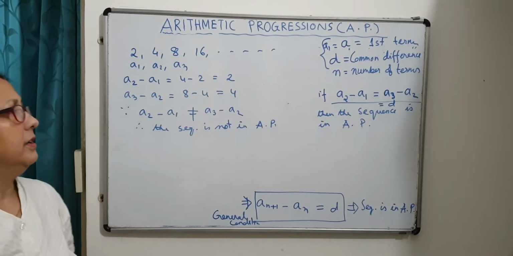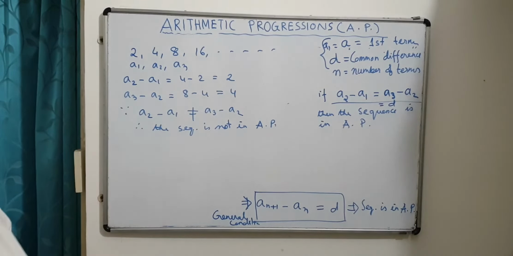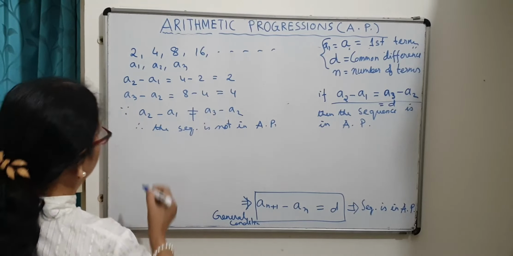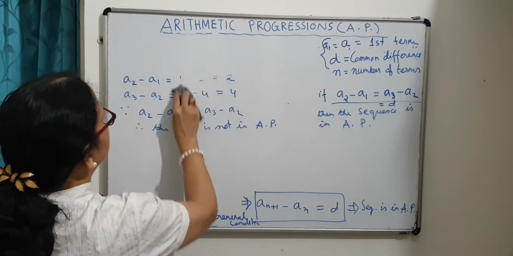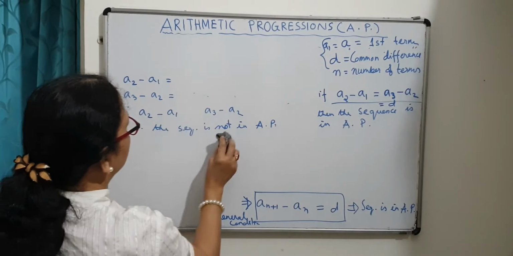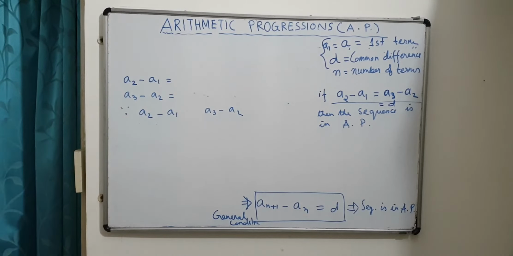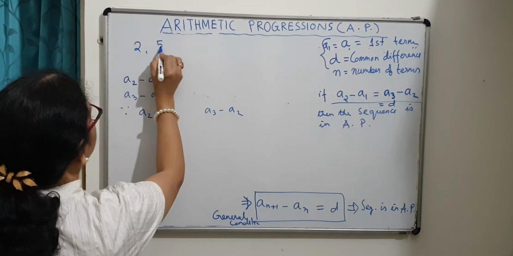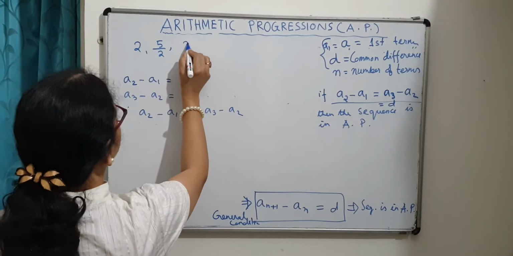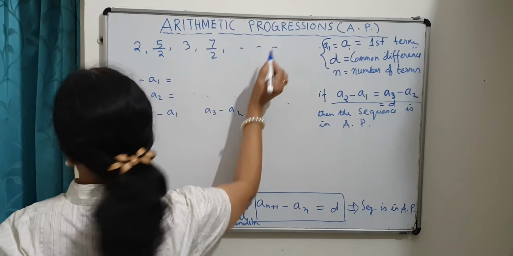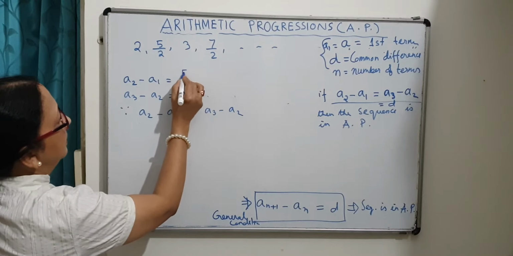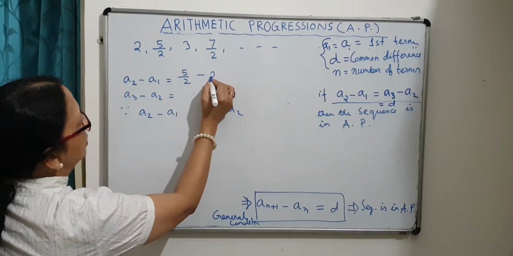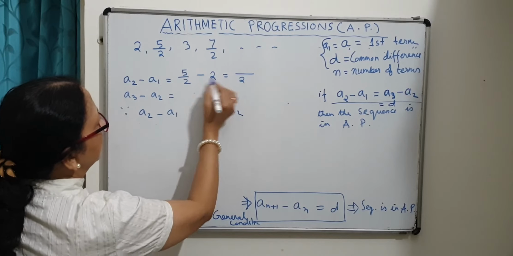In this way check. Let me take another example: 2, 5 by 2, 3 and 7 by 2, etc. Here also I have to find A2 minus A1. The second term A2 is 5 by 2 minus the first term 2, so it is coming out to be 5 minus 4 over 2, half.